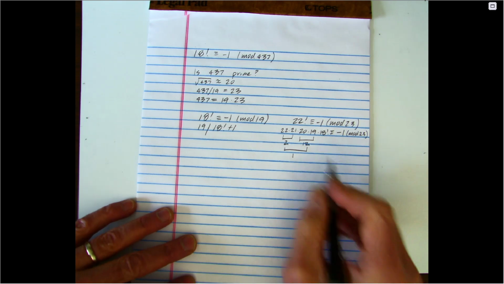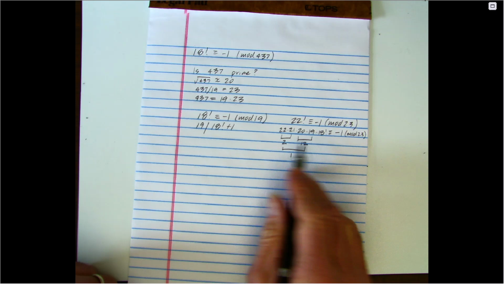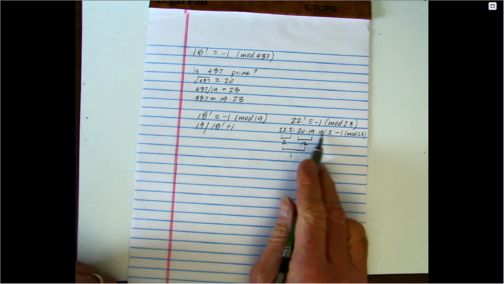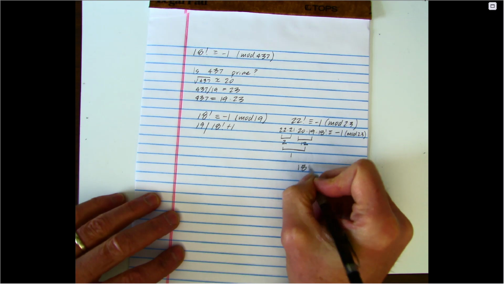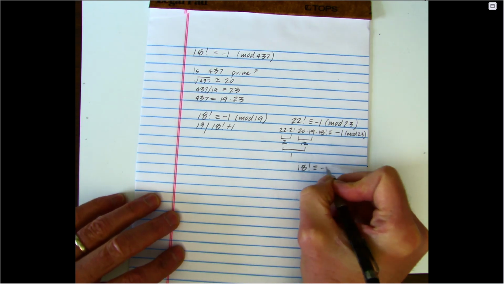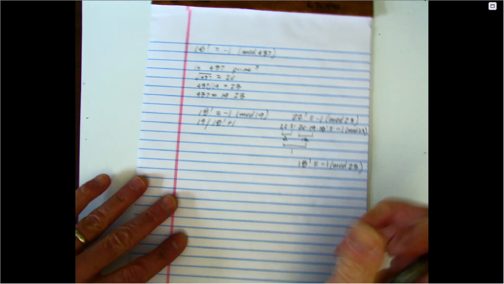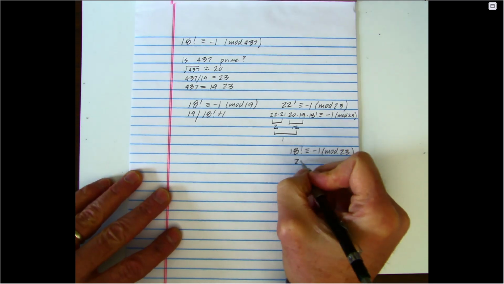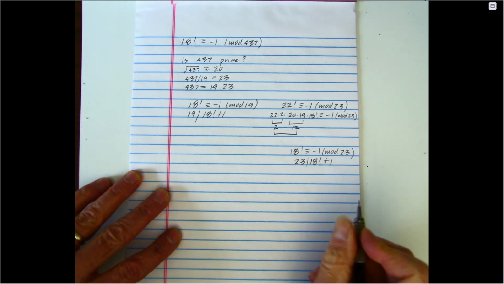That means I can basically ignore these first four integers on the left-hand side, and just say that 18 factorial is congruent to -1 mod 23. And what that means is that 23 divides 18 factorial plus 1.